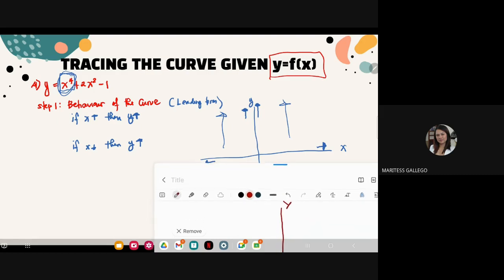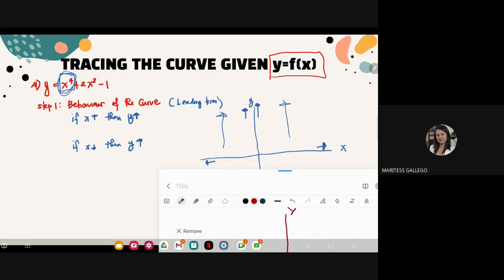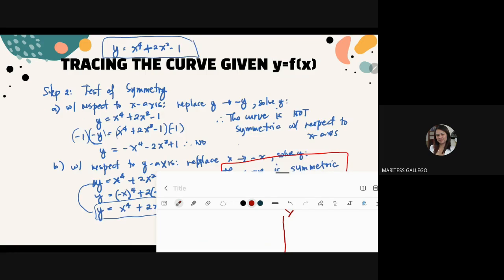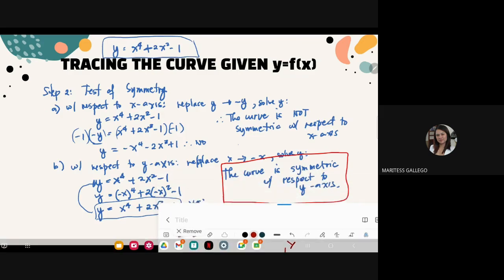So, at least alam na natin na nandyan yung graph. Then we go back to your step 2. Ano yung ginawa natin sa step 2? Test of symmetry. We were able to find out that the curve is symmetric with respect to y-axis. So, yan yung mga information na kailangan nyo.